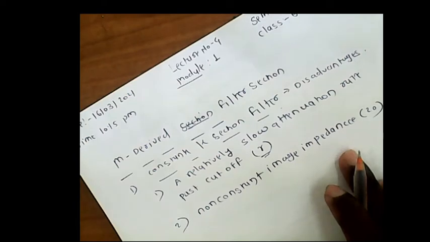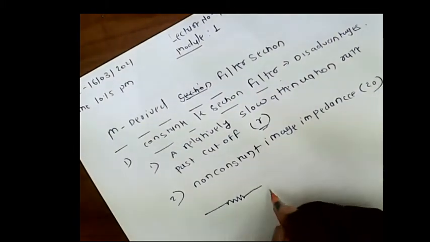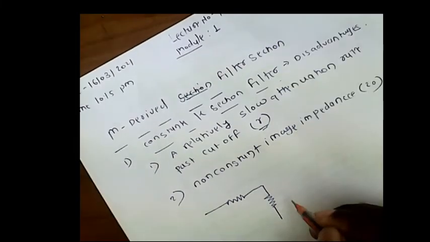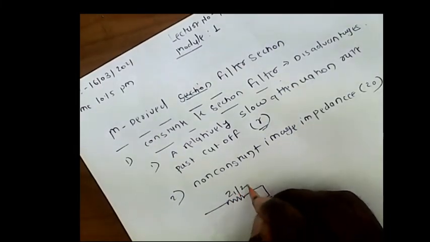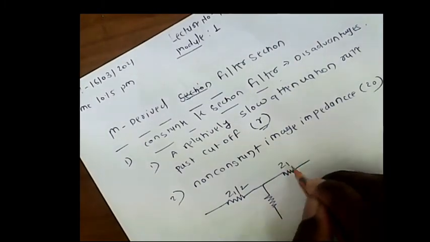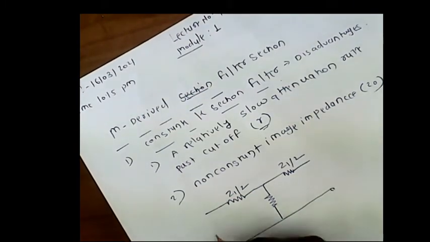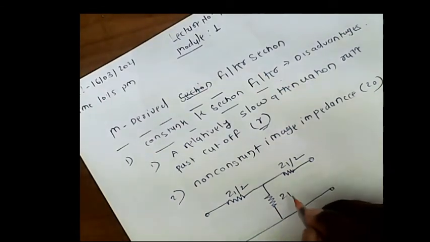Now, as shown in the figure, for the T section, if we draw Z1 by 2, Z2, so this is a T section which is derived from the constant K section filter.